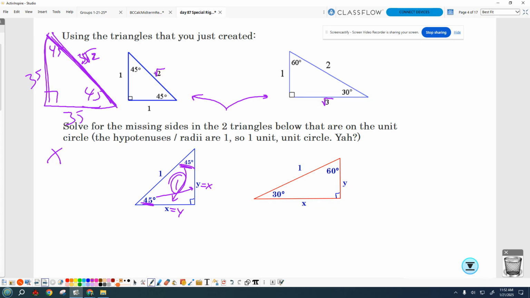So, good point, if we solve for X, we are also solving for Y, because they're gonna be the same. So Valentina, X is across from which angle? 45. So Abraham, I'm gonna go to this triangle that we're supposed to have memorized. What's across from 45 in this triangle up here? Also 45. Across from 45 was 1.